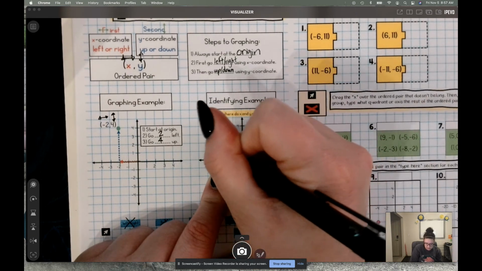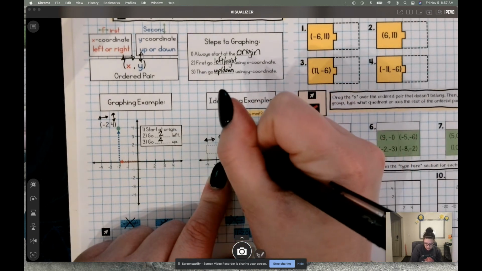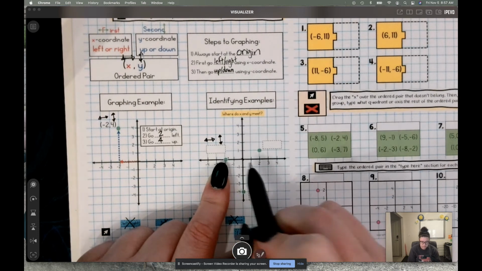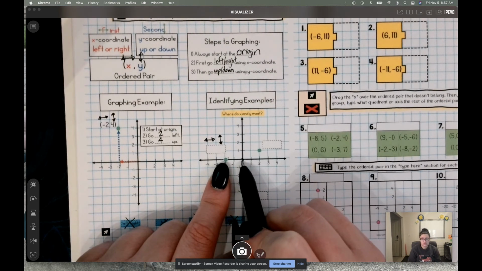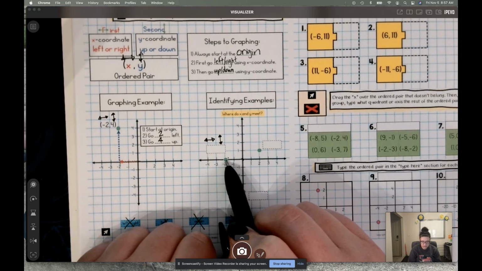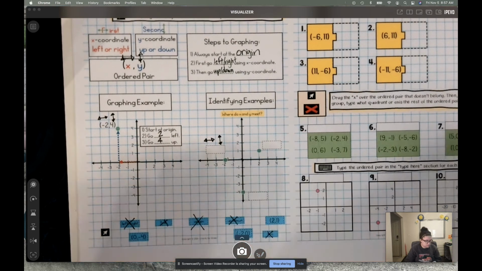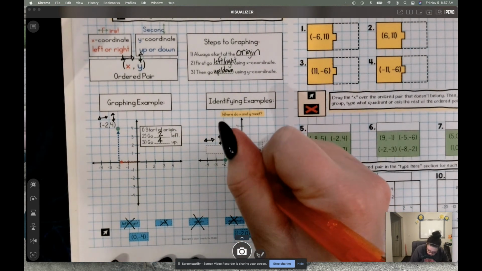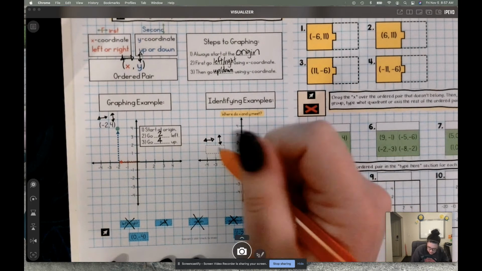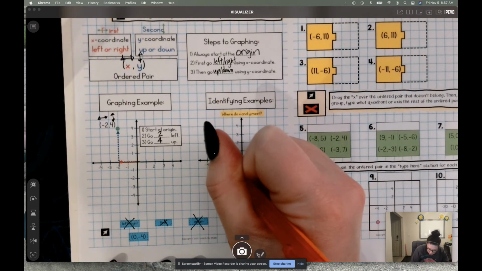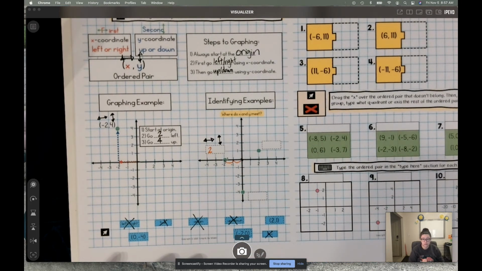First we go side to side, and then we're going to go up or down. So to go from my origin to this dot, how many did I go to this side? We went to the side 1, 2 spaces. So my first number in my ordered pair would be 2.